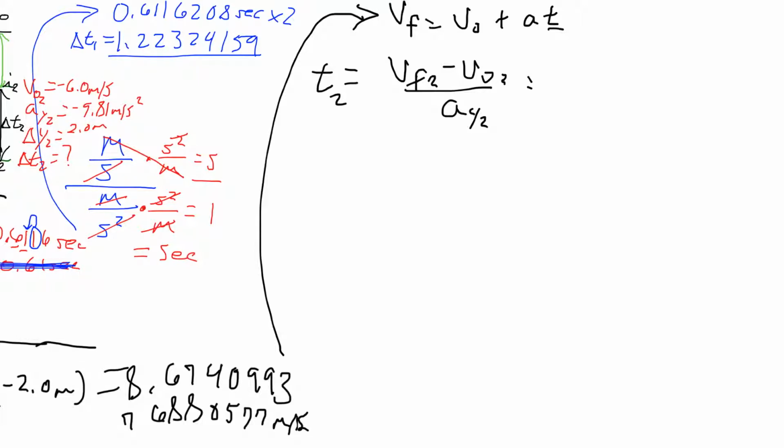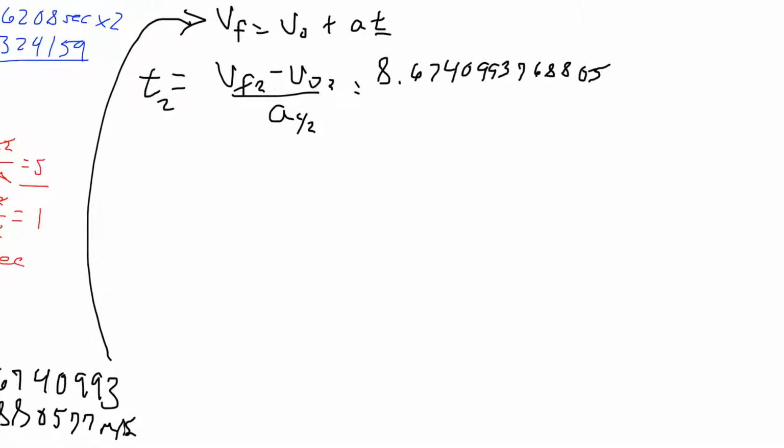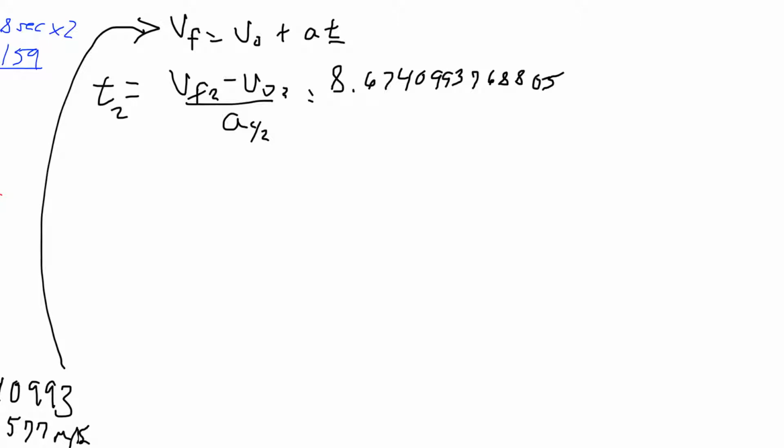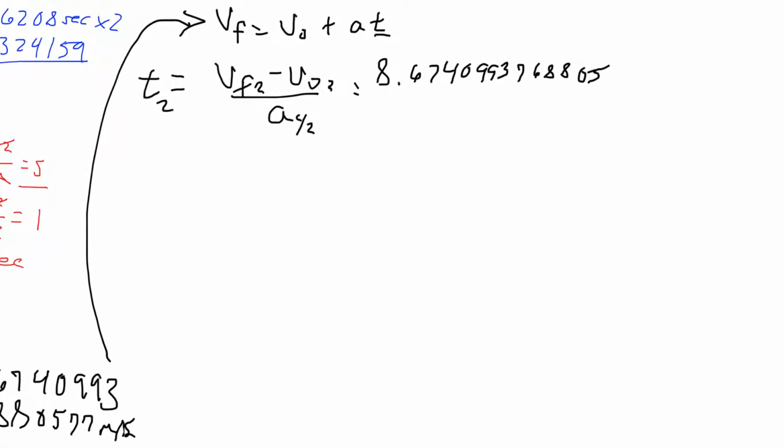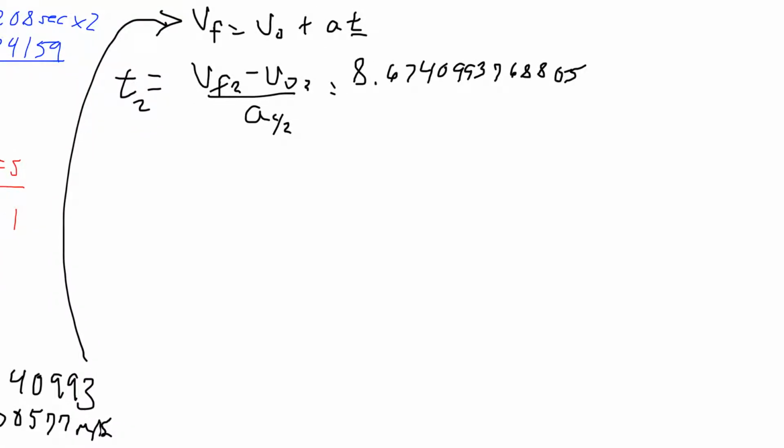So we're going to say the final velocity is the number we just figured out, 8.6740993768805 77 meters per second, minus the initial velocity.